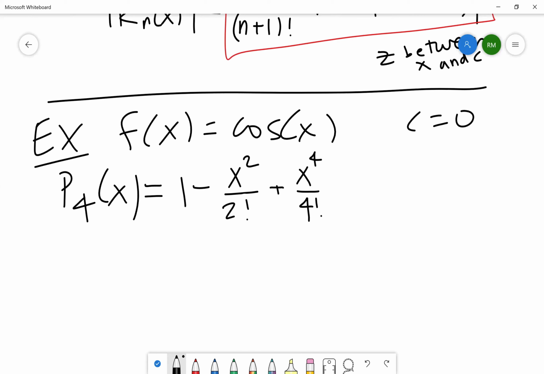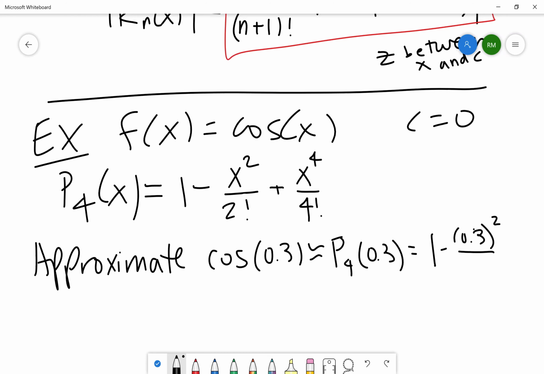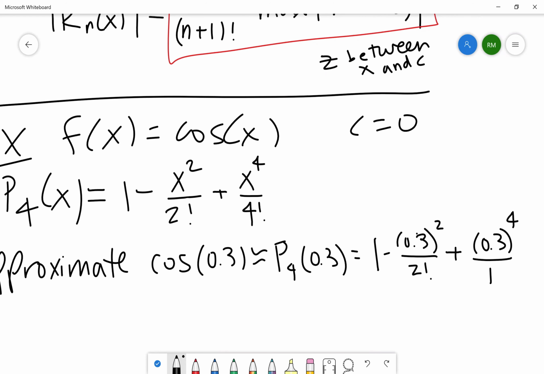All right. So let's just approximate the cosine of 0.3, and we know this will be roughly equal to P4 of 0.3, which is equal to, well, we just plug 0.3 into the expression, 1 minus 0.3 squared over 2 factorial plus 0.3 to the 4th over 4 factorial.